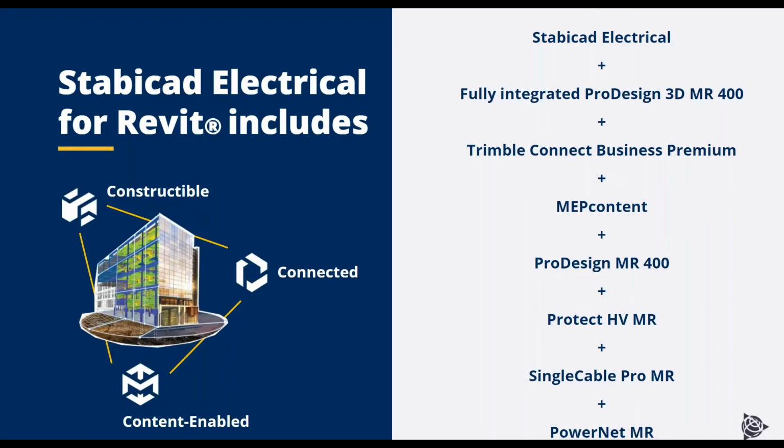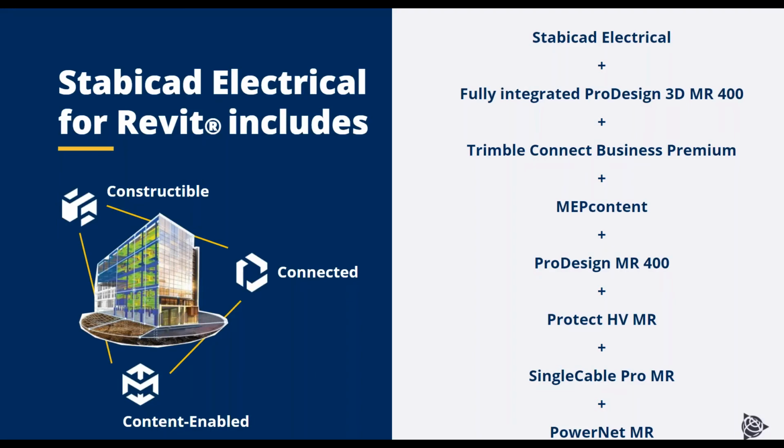So before we go to the Q&A, I'd just like to summarize the component parts of a Stabicad Electrical subscription bundle. So as we've discussed, Stabicad Electrical represents the amalgamation of our ProDesign 3D and Stabicad applications in one. Trimble Connect Business Premium is part of a Stabicad bundle, as well as access to all the MEP content.